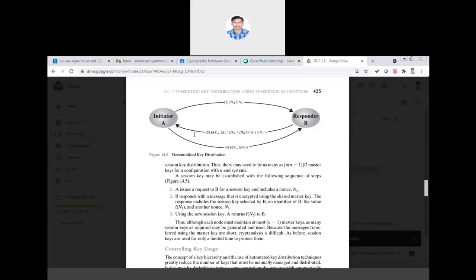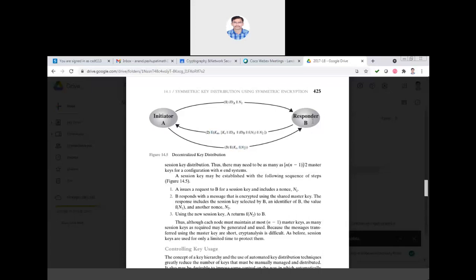So A uses the session key and does a computation on the nonce created by responder B. That f of N2 means some computation on the nonce generated by B. That is encrypted using the session key and then sent to B.